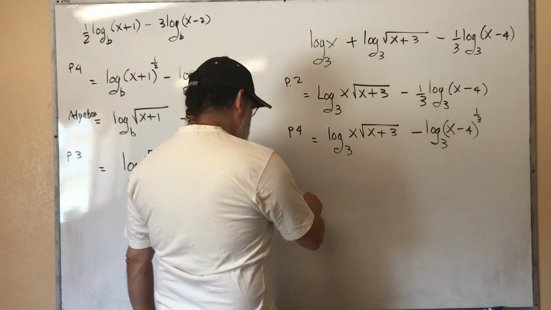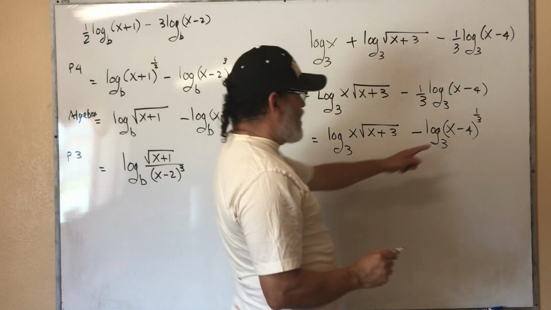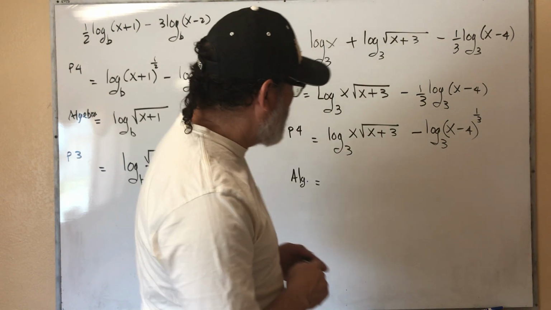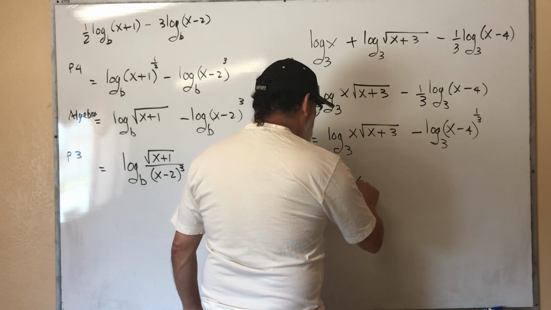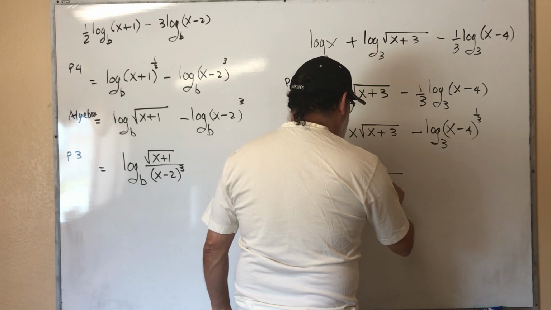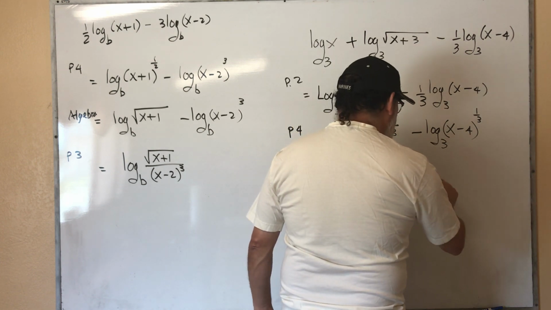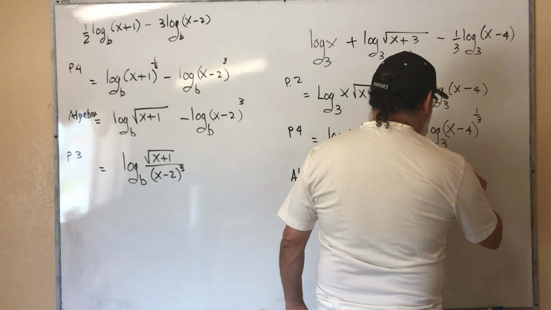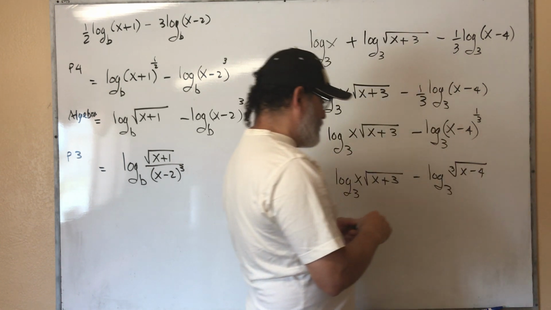By algebra, I'm going to express this as a radical. So this is log base 3 of x times the square root of x plus 3 minus the log base 3 of the cube root of x minus 4.